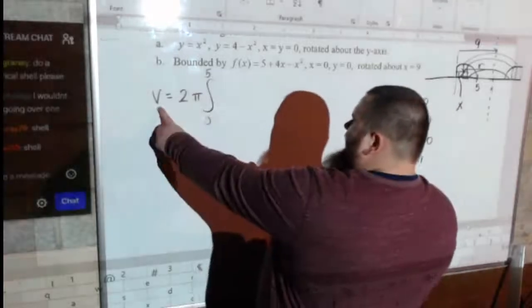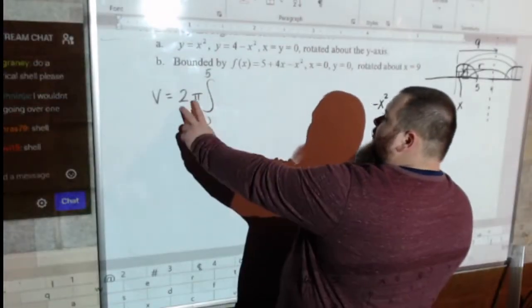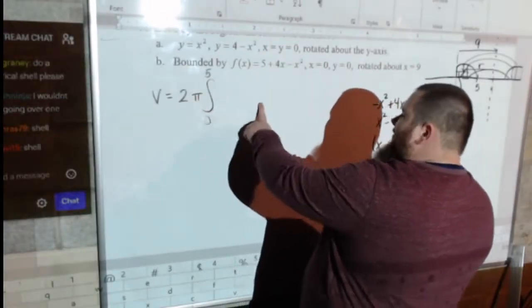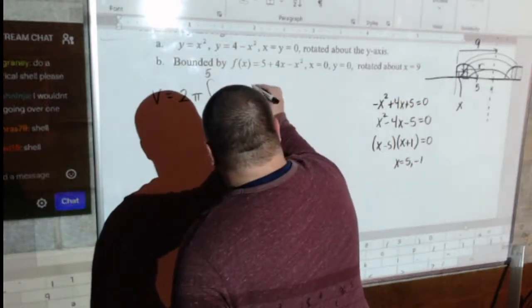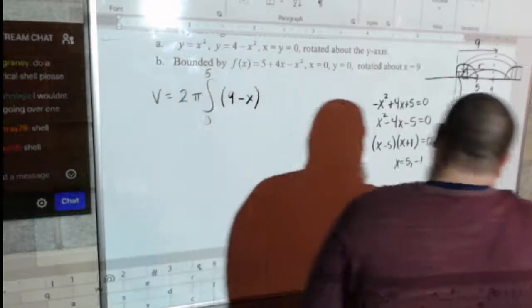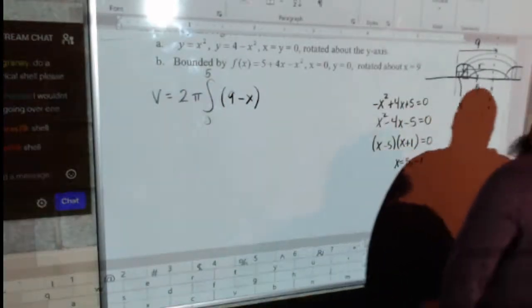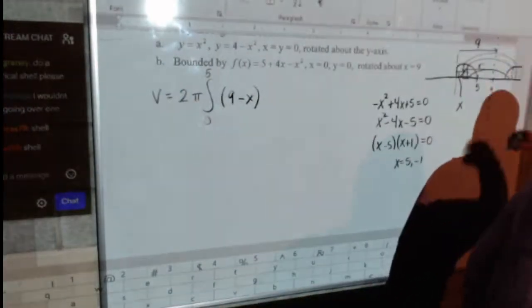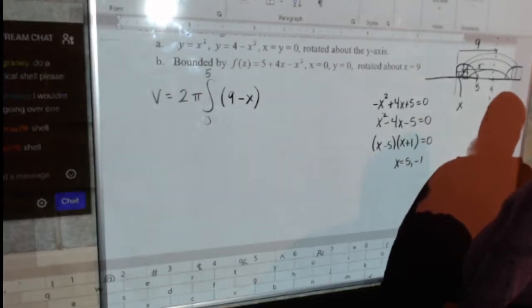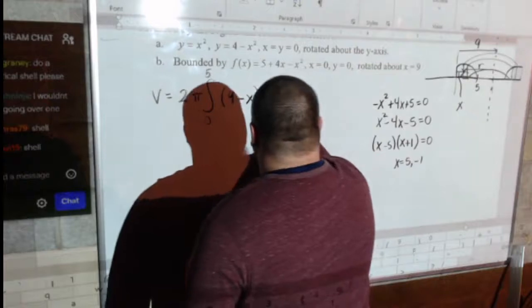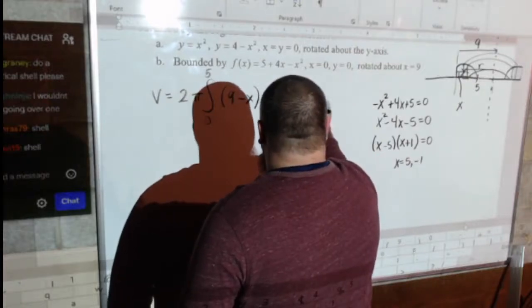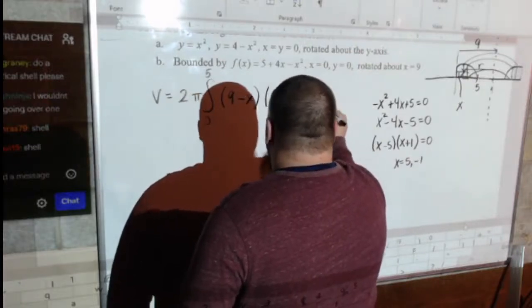So remember the volume for a cylindrical shell, 2 pi r times L. We just got done saying r is 9 minus x. L, or the height h, whichever one you want to call it, is the function. So our function was 5 plus 4x minus x squared.